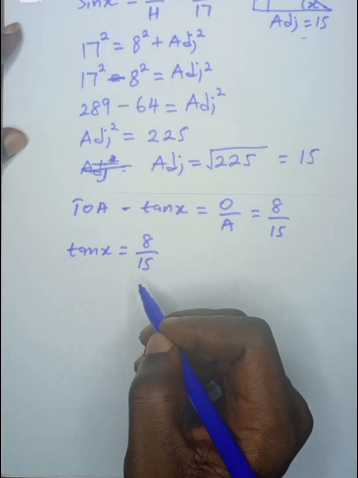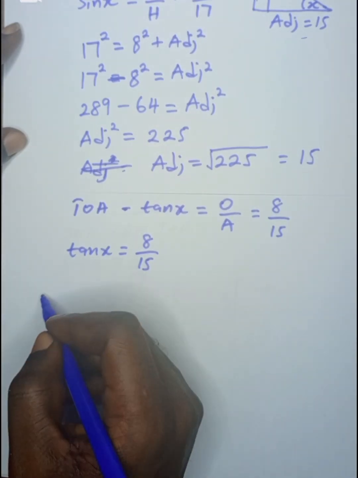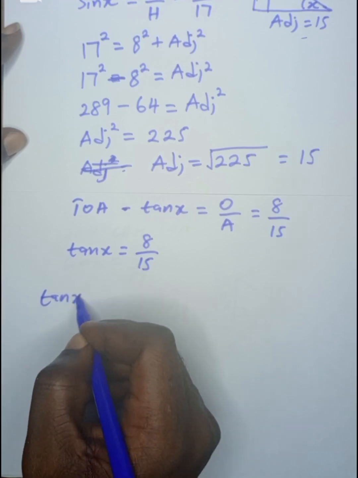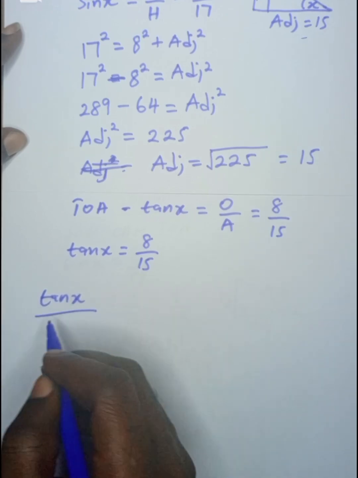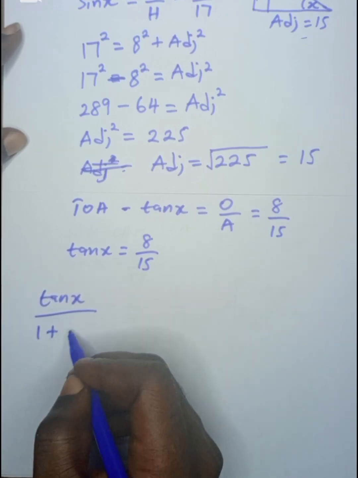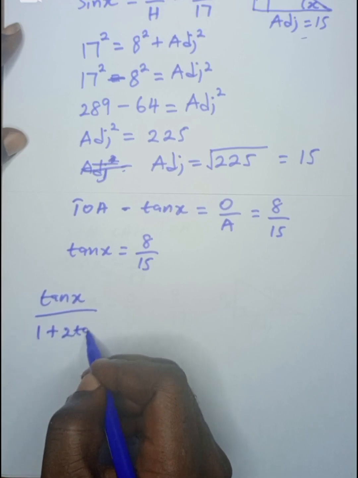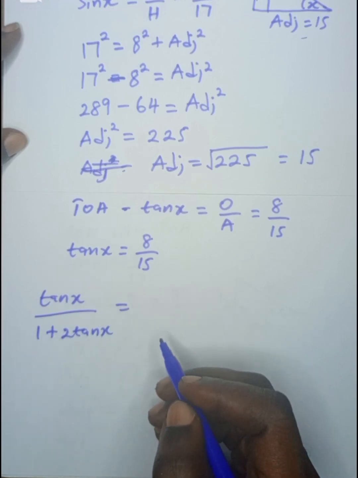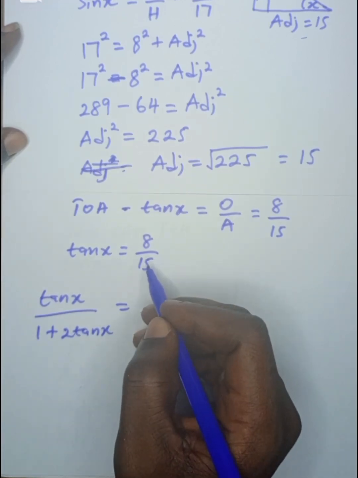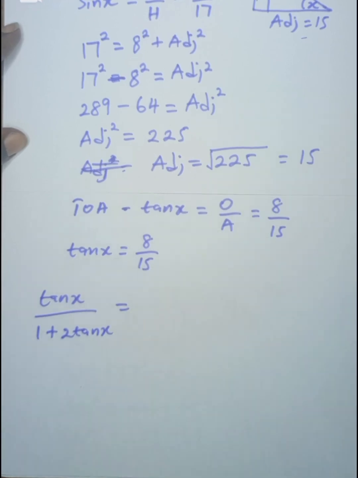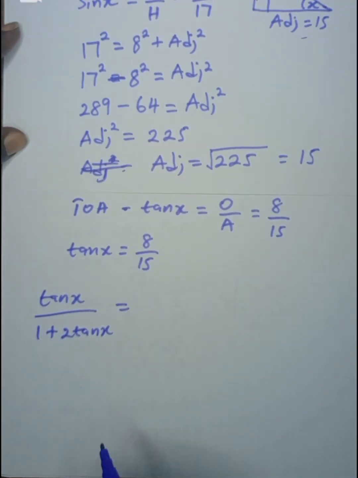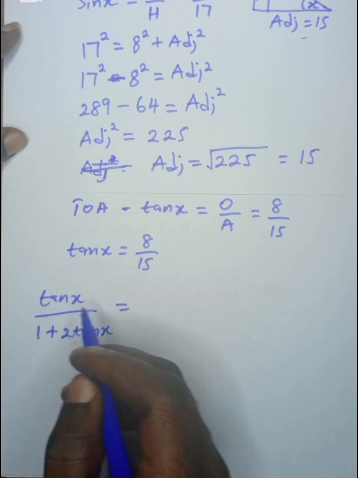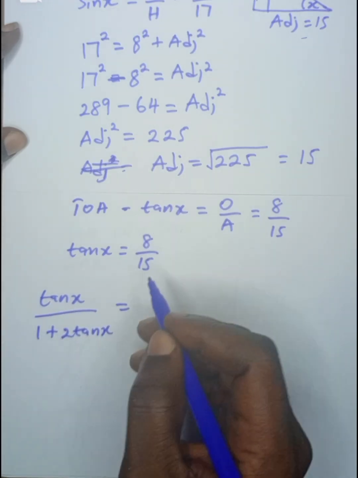So can we now do the substitution? So we have tan x all over 1 plus 2 tan x, because this is what we are finding in the question. And now we have gotten the tan x, so we can do the substitution. Let's continue. Now tan x is equal to 8 over 15.